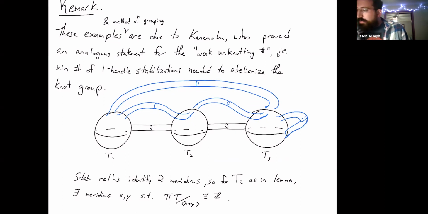That this actually is an unknotted genus 2 surface.